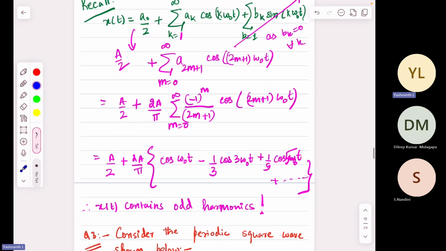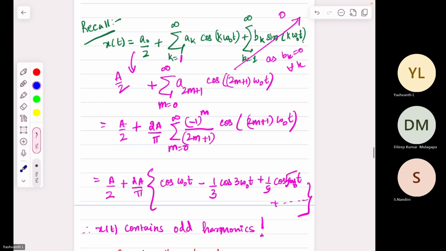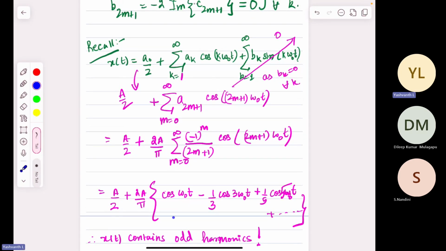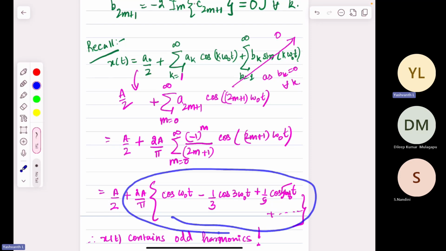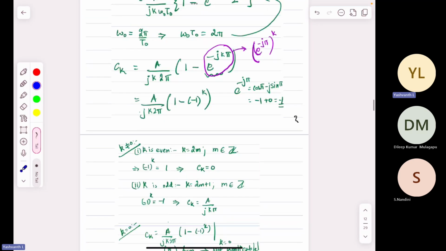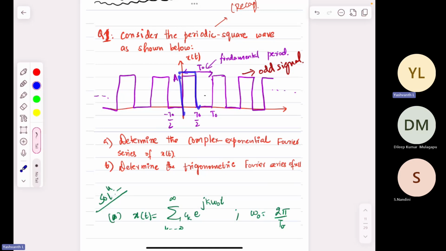Now you see this has only cos terms. But if you go back to the notes of the previous class, the signal we did in the last class, the rising edge, the so-called odd signal, had only sine terms but not cos terms.